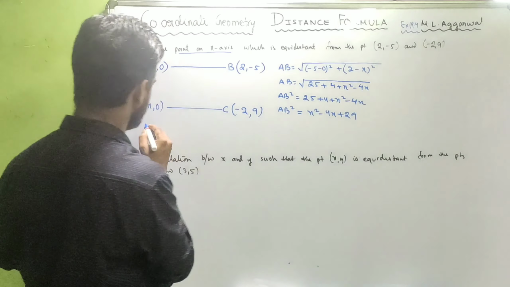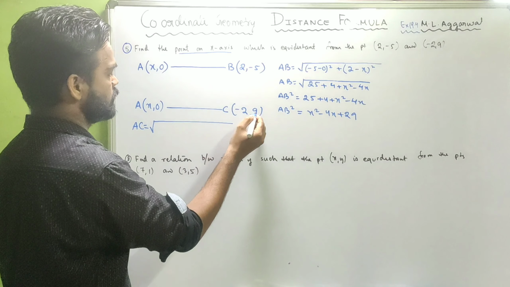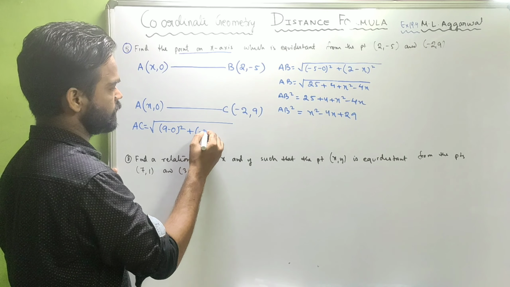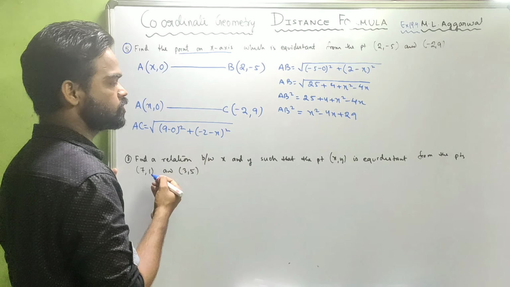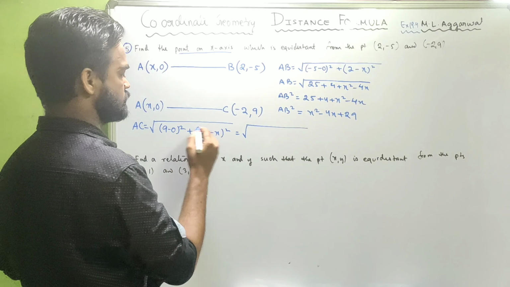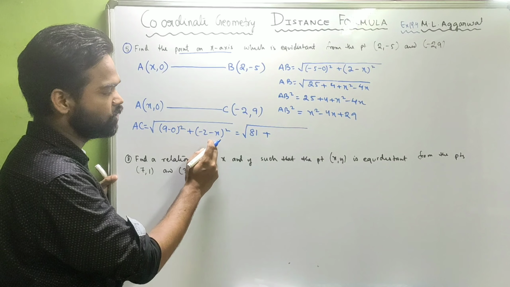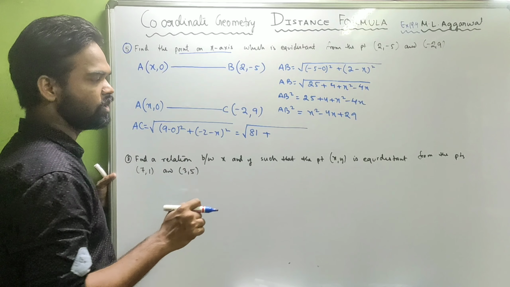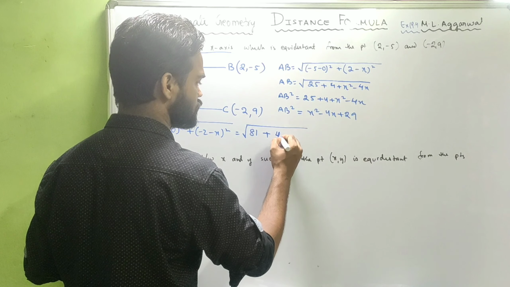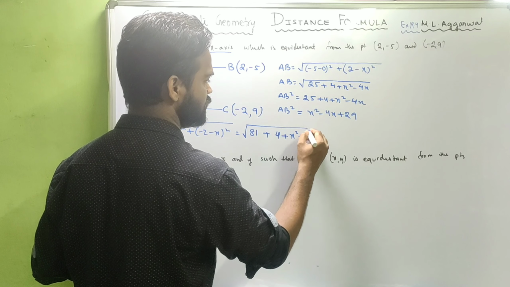Similarly, find AC. So your AC will be root of what? (9 minus 0) whole square plus (-2 minus x) whole square, which can be written as 9 square is 81, and (-a minus b) whole square is actually (a plus b) whole square. So this we can treat as (a plus b) whole square, which will be a square plus b square plus twice ab.